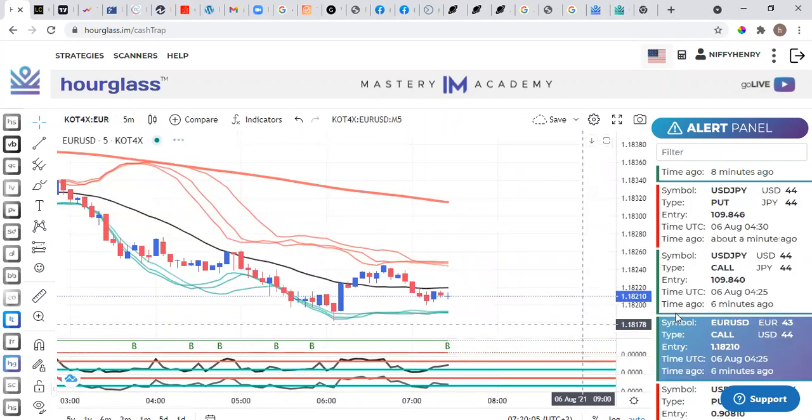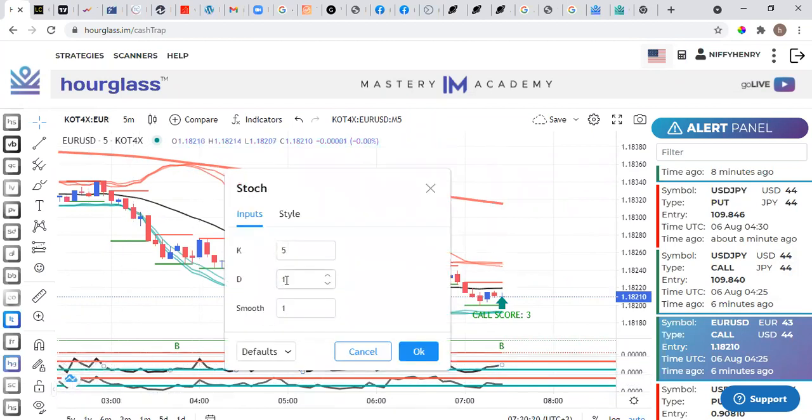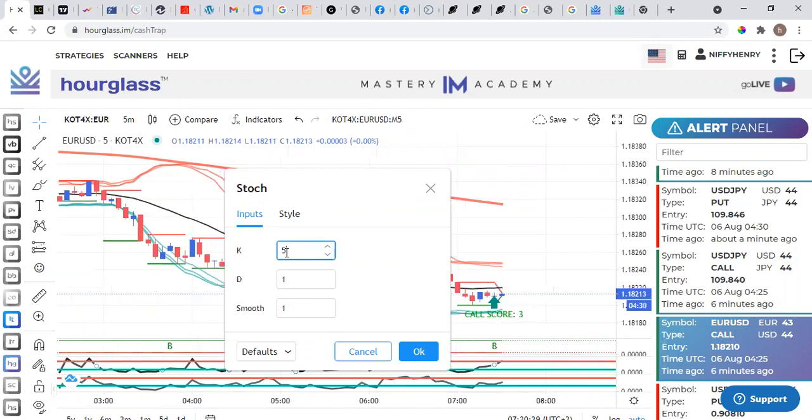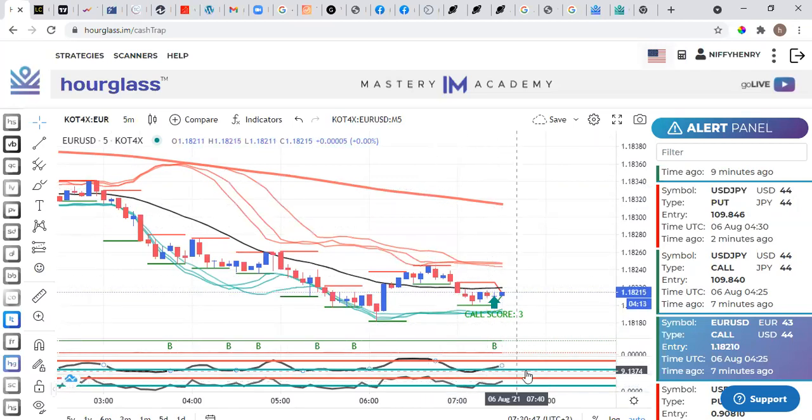I have a set template that gives me a better look of this.